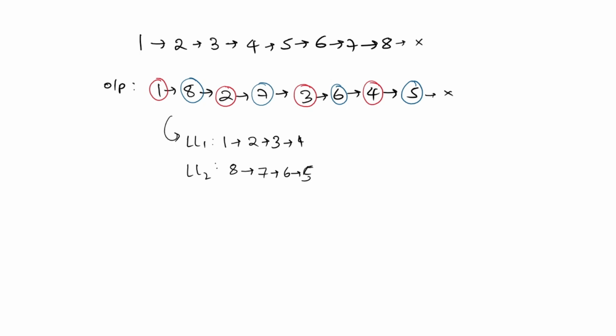Then we will start iterating and combining these two linked lists to form our output. With this method we can do it in order of n time and order of one space, since we are just going to change the pointers. So let's see how to do it.